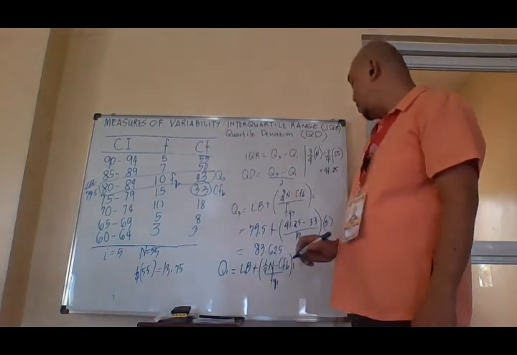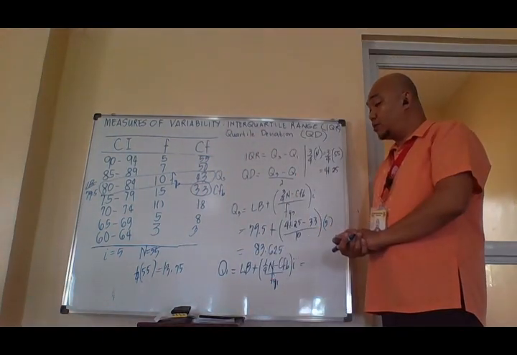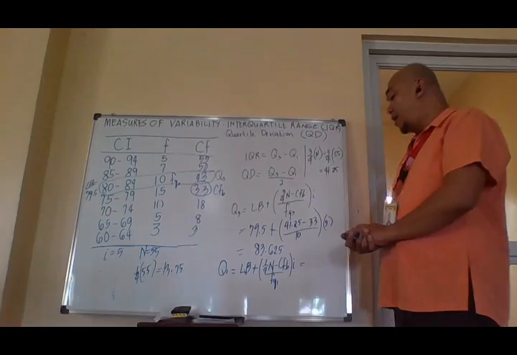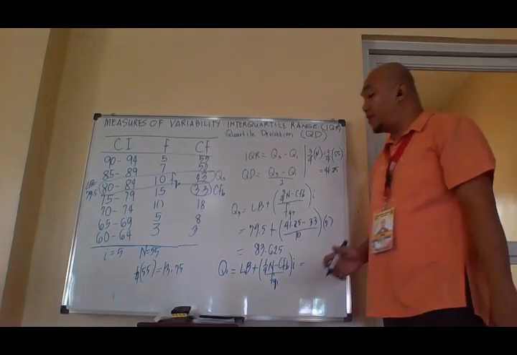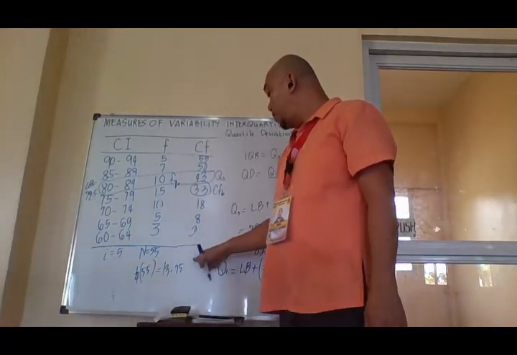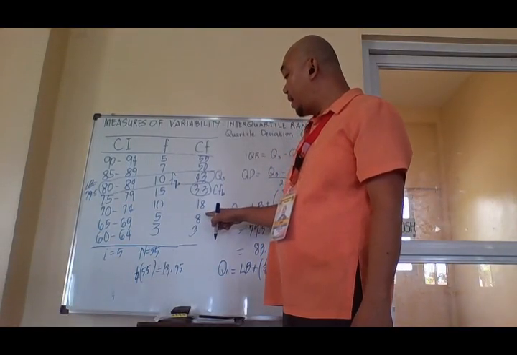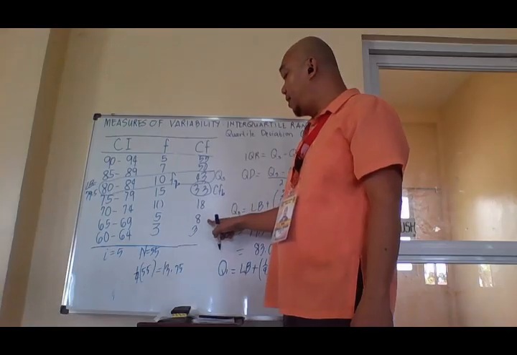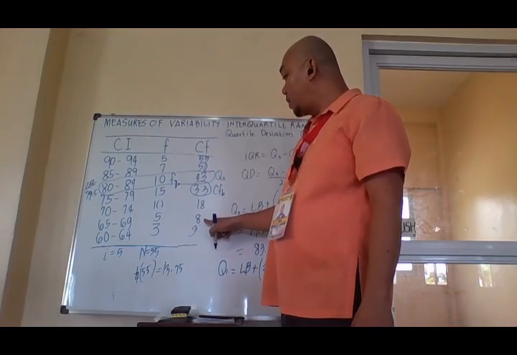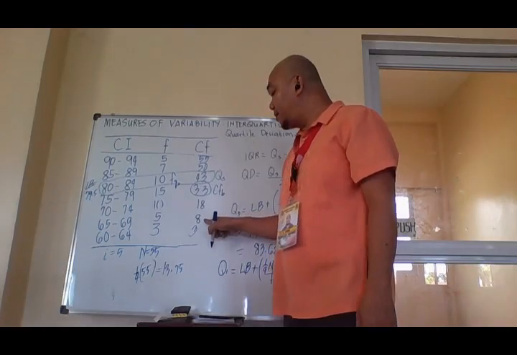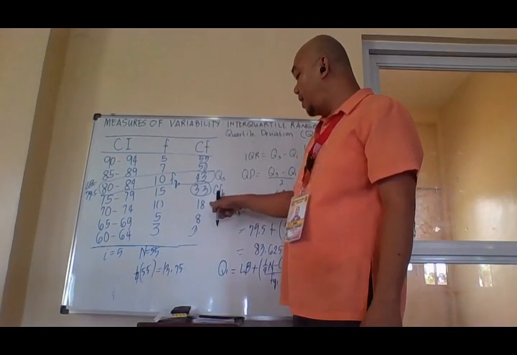Next, we are going to find the location of 13.75. So 13.75, we cannot take 65 to 69 because the cumulative frequency of this class interval is just 8. So the next step is 18.